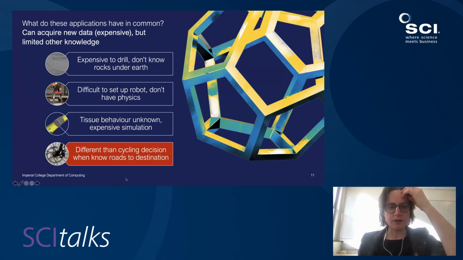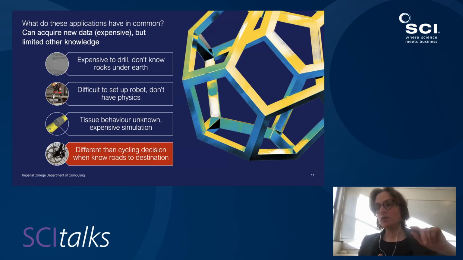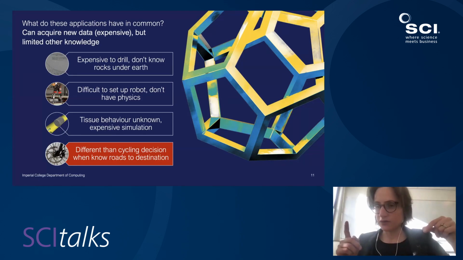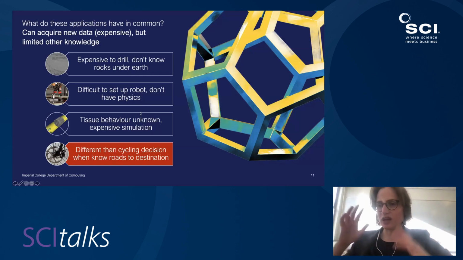And the reason would be that if I know the roads to my destination, I'm going to use the fact that I know the roads to figure out what my optimal route should be. Whereas with the examples above, I don't really have this same amount of information. I just know that I'm searching within some sort of space.